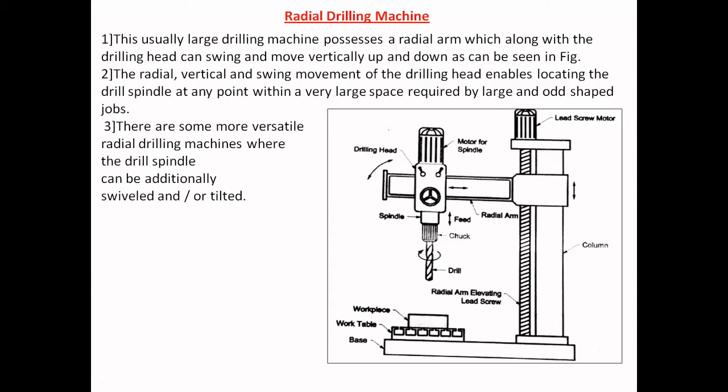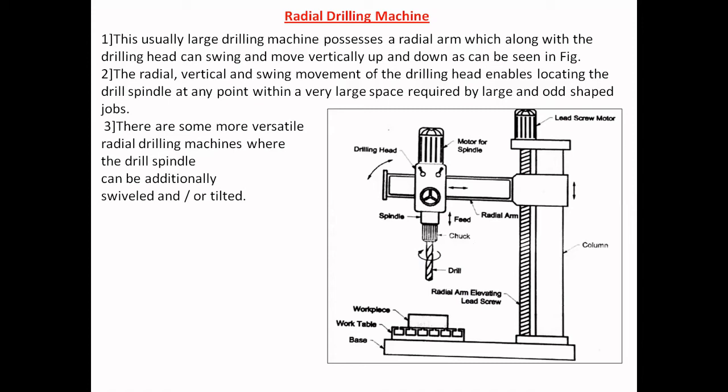Now, what is the difference between the drilling machine and the lathe machine? The big difference is that the spindle has a vertical axis, but in the case of the lathe machine, the cutting tool is moving in longitudinal direction as well as in transverse direction. The cutting tool is not rotating there. Here the cutting tool is rotating.